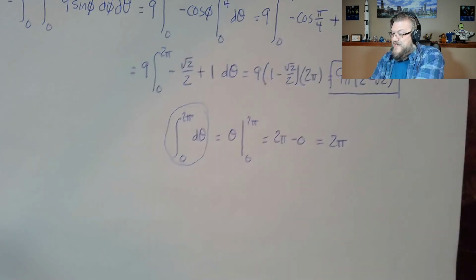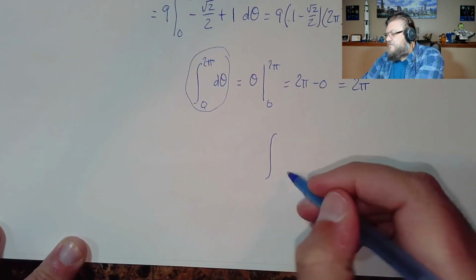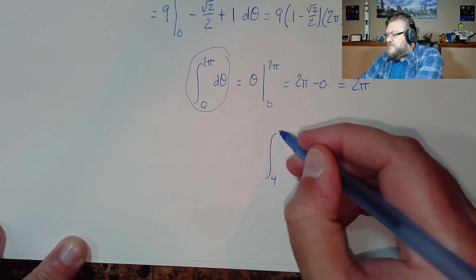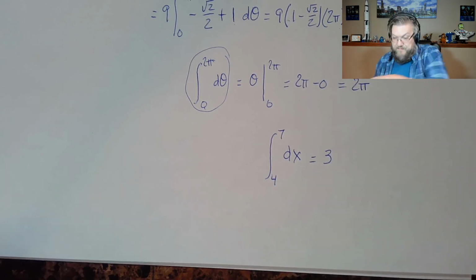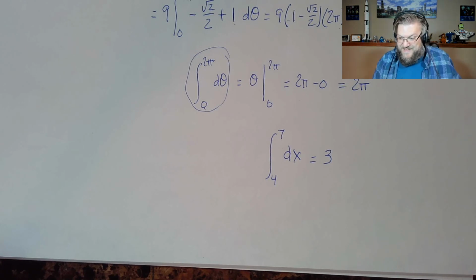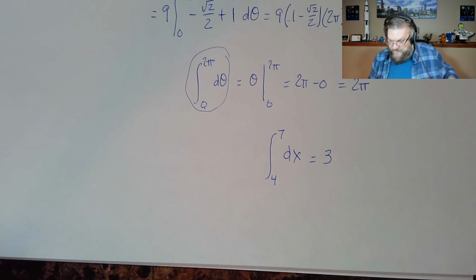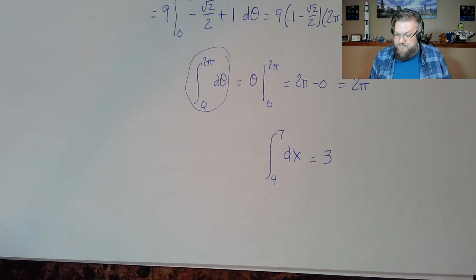So 0 to 2π. So if I said, hey, what's the integral from 4 to 7 of dx? You can instantly say 3. Right. Okay, that makes sense. It's just recognizing that pattern. Yep, exactly right. Thanks for that. Yeah, that's a great question.